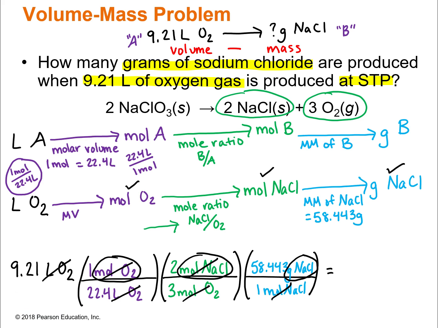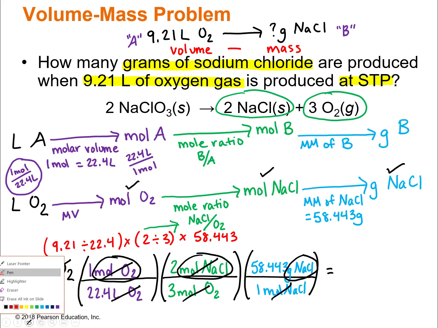For entering this into your calculator, I'm going to write it above this time. Always make sure to use parentheses. It just makes sure that the calculator does all of the operations in the order that you want.